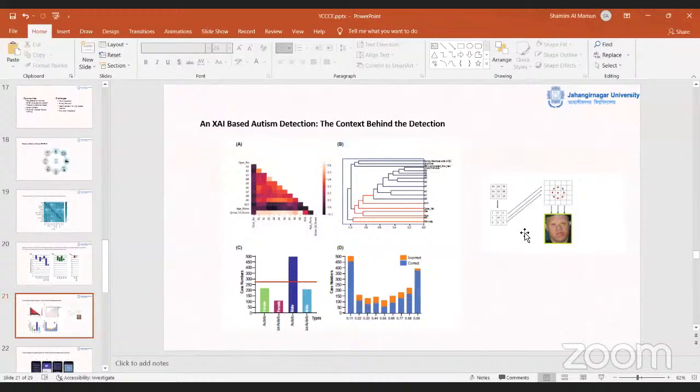The LBP system has been used for feature collection from the faces of the special child, and analyzed with various kinds of ML algorithms, and we are descriptive in this autism detection, to explain which feature, and why this feature is significant, to classify that this patient has autism or not.